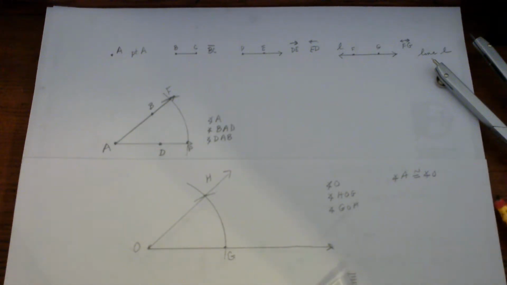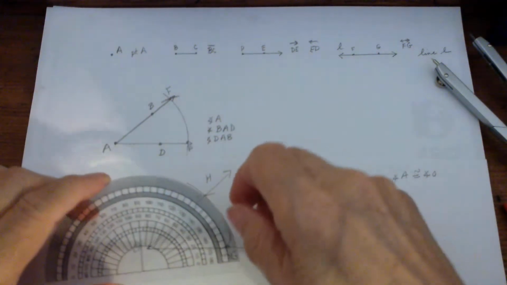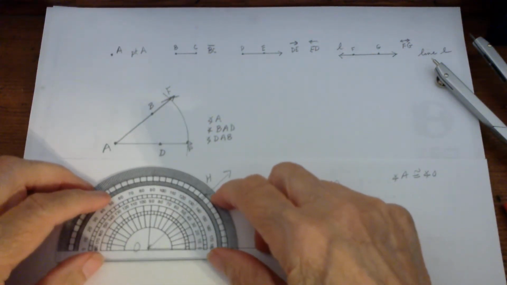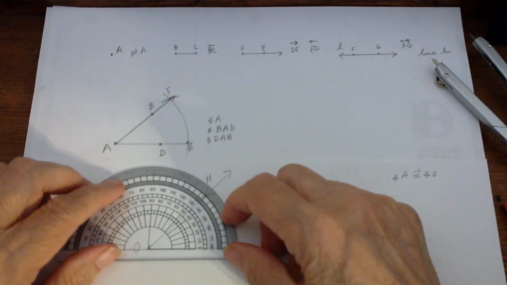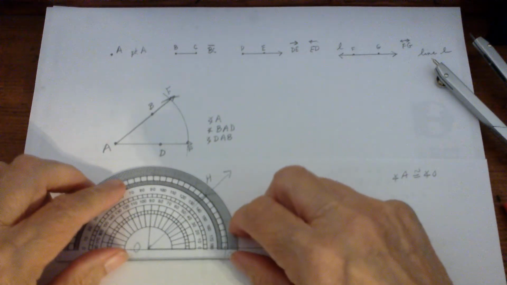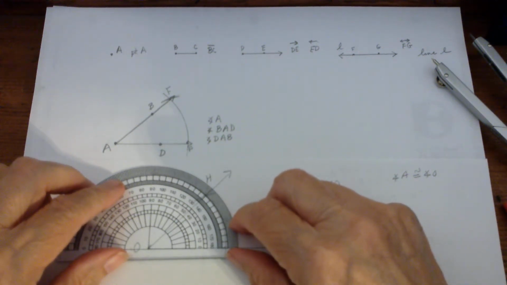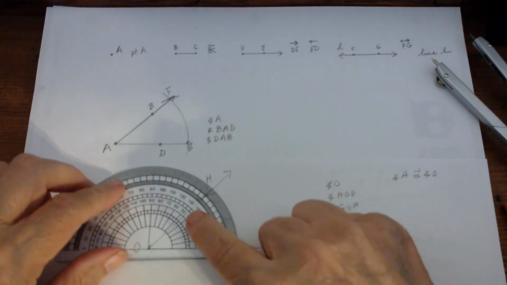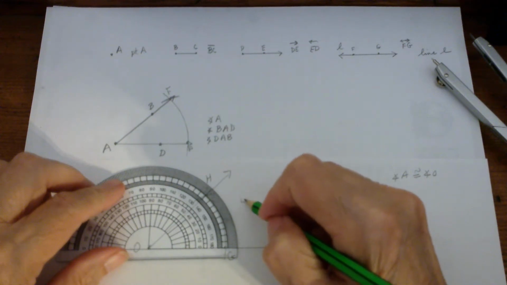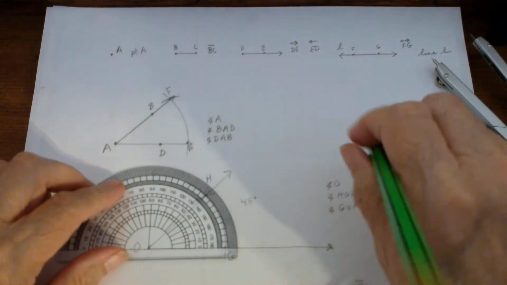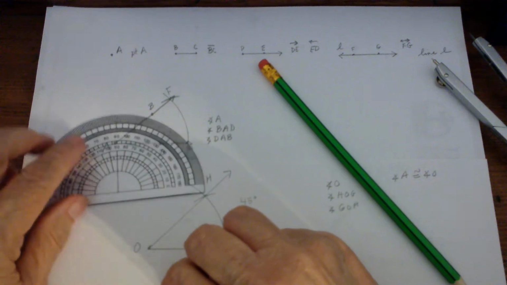Now, if we take our protractor, we can measure to see what the measure of these angles would be. I'm going to put my protractor at the vertex, and I'm going to line up this side with the line down here. And this appears to be a 45-degree angle. Let's measure this angle.